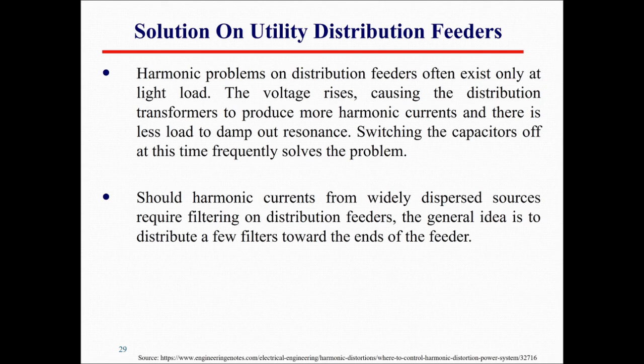Harmonic problems on distribution feeders often exist only at light load. During light load, the voltage rises, causing the distribution transformer to produce more harmonic current, and there is less load to damp out resonance. Switching the capacitor off at this time will solve the problem. So take the capacitor out during light load.